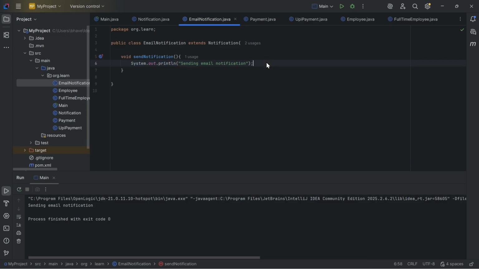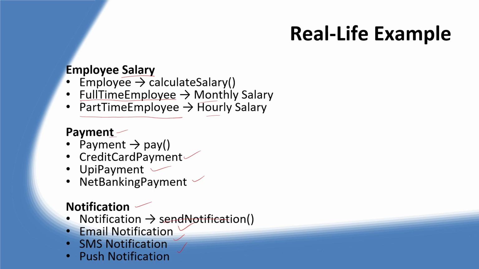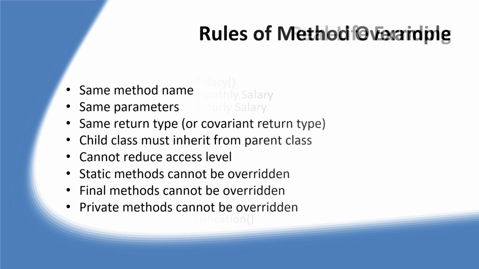Now let's see the rules of method overriding. What are the rules? Same method name. And the second point we have learned: signature. Why do we say signature instead of parameters and data type?